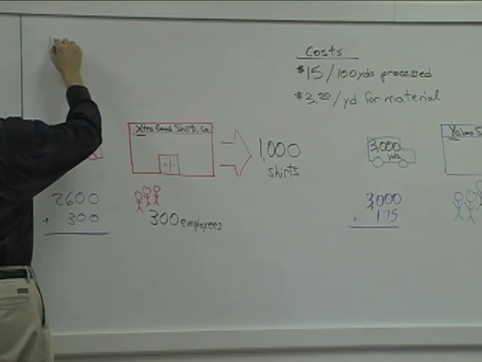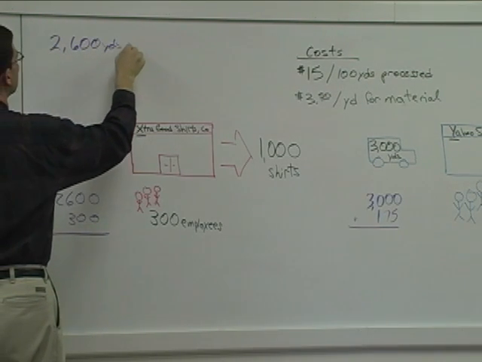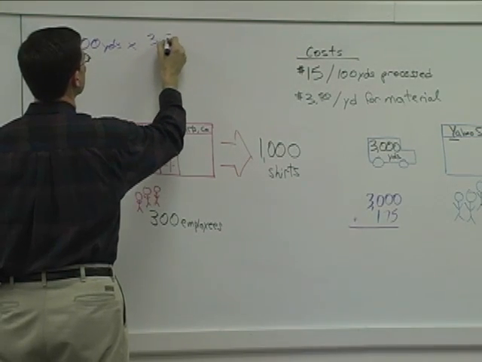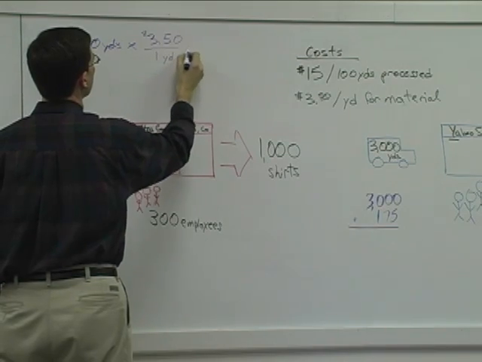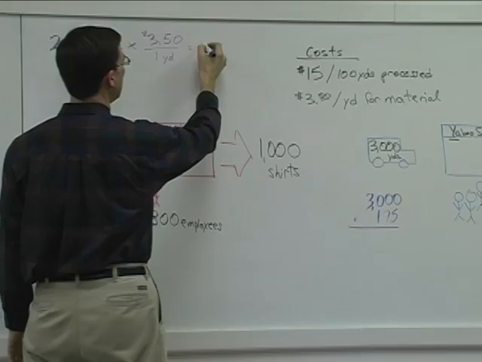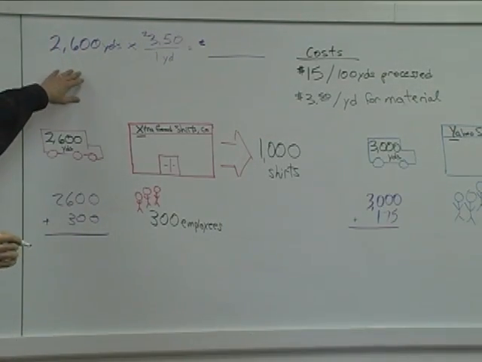So let's take the 2,600 yards times $3.50 per yard. Multiply that out and you'll get a number. That's the cost just for the material.